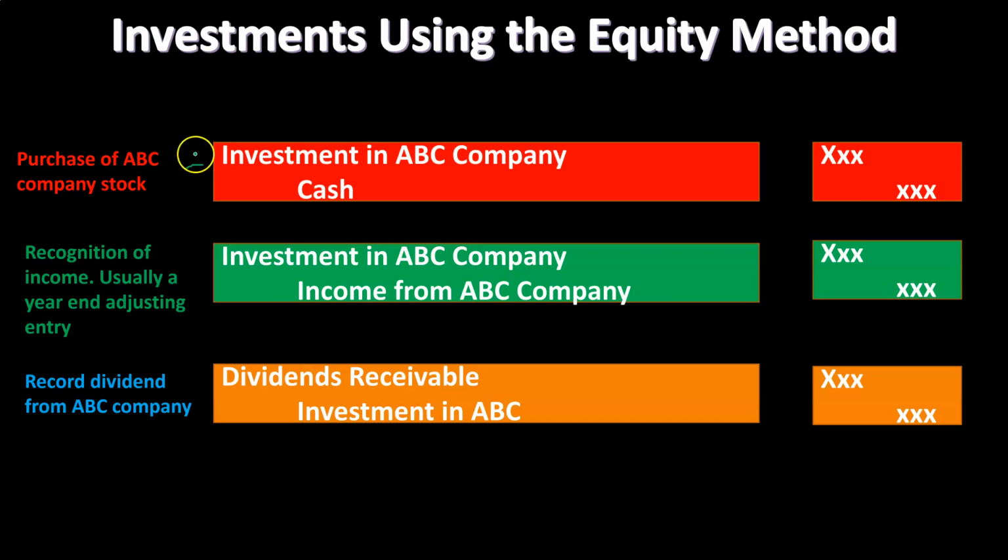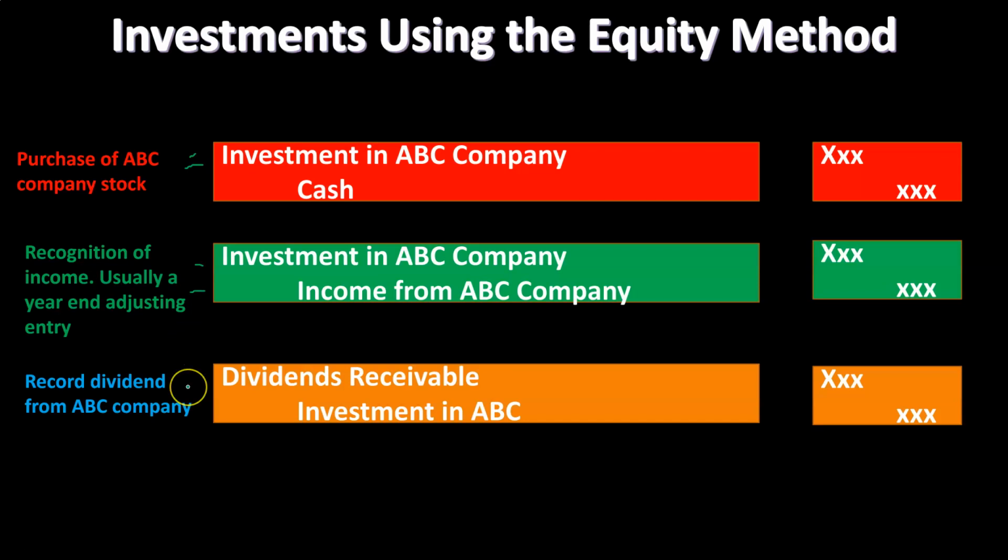So it went on the books at the market price, whatever we paid for it, but we're increasing it by our portion, our 30% in this case, of what ABC earned per their financial statements. The other side is going to our income statement. We're going to record it as income from ABC Company on our income statement, increasing income.